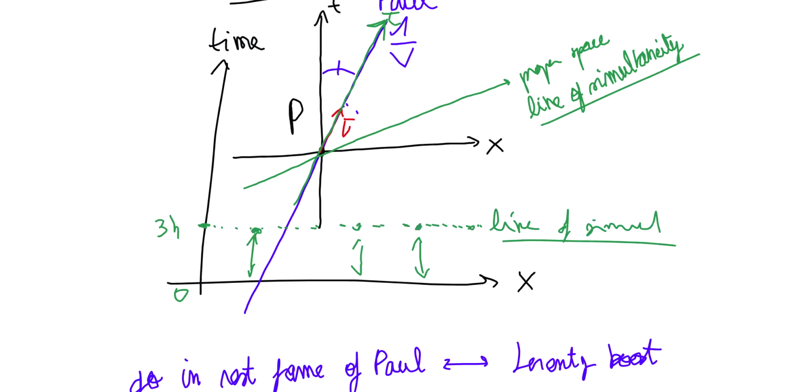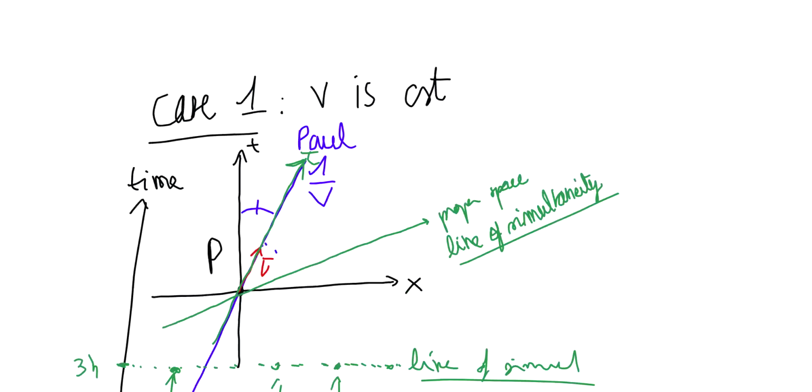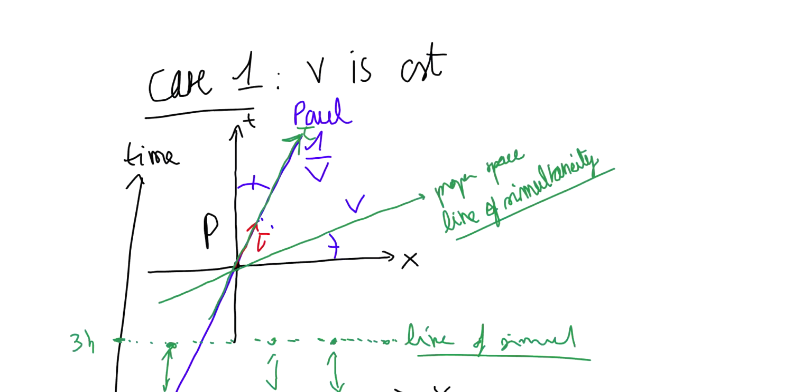They will all measure the same time. Time is constant along this line of simultaneity. But because we apply the Lorentz boost to go to Paul's rest frame, the line of simultaneity seems tilted. And so if his proper time slope is 1 over v, his proper space slope is v.